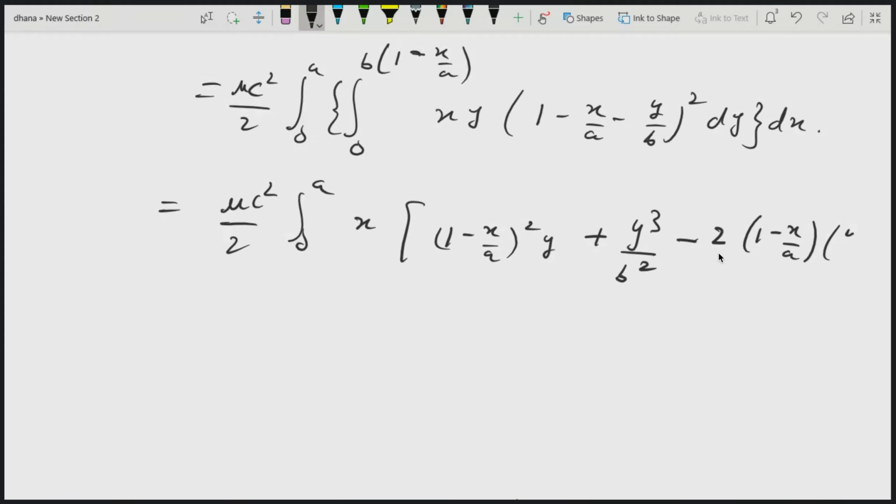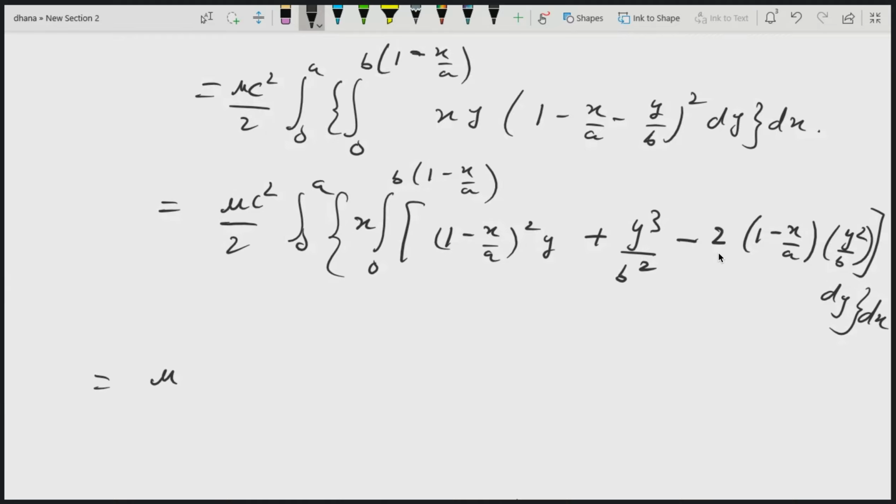So y is already there, so y square by b. Is this correct? This whole thing needs to be integrated within the limits 0 to b into 1 minus x by a with respect to y, and then with respect to x. Correct?